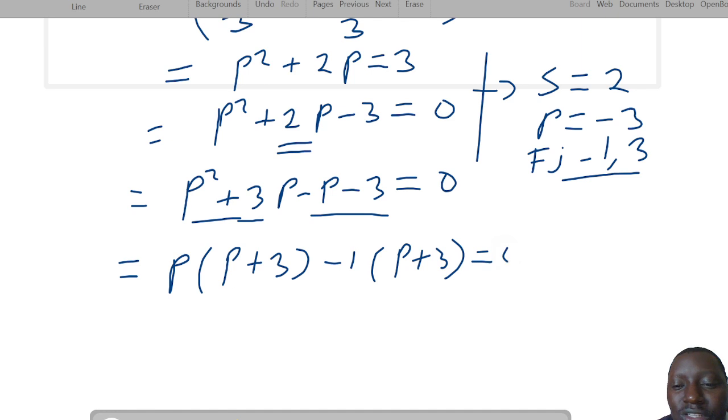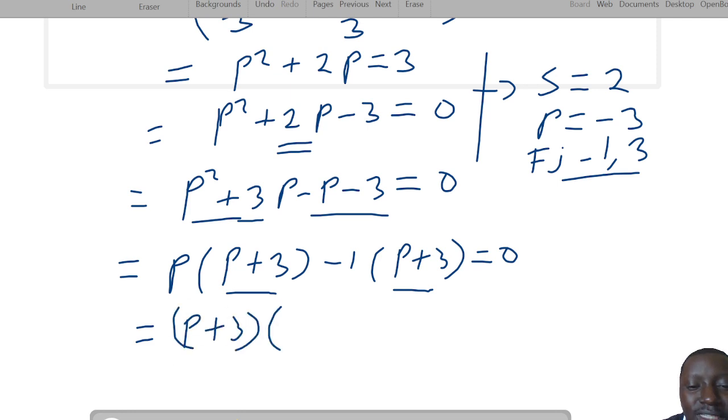And this is equal to 0. So you realize that on the first part of the question, I have plus 3. And on the second part of my factorization, I once again have plus 3. What follows next is I have to factor out plus 3. And if I factor out plus 3, I remain with p minus 1.